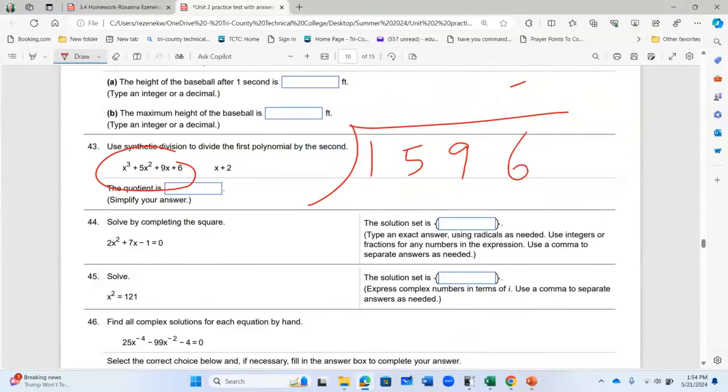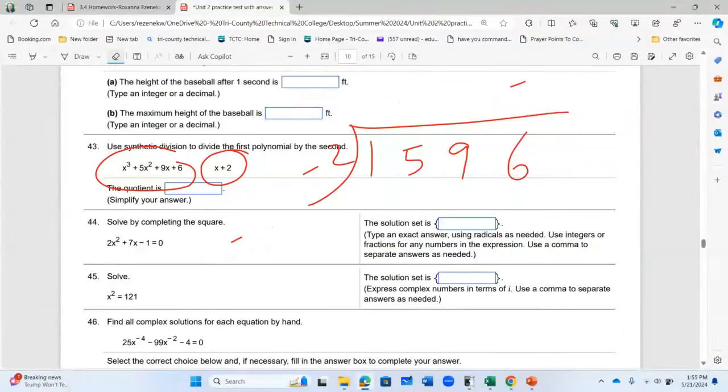It is in standard form. I have collected the coefficients. The divisor is x plus 2, but I'm doing synthetic division, so I solve x plus 2 equal to 0. So x is equal to negative 2 is the divisor I use.